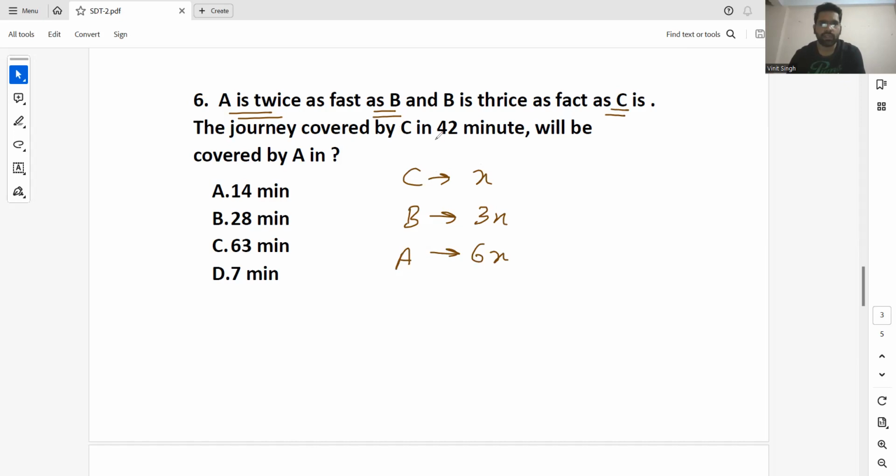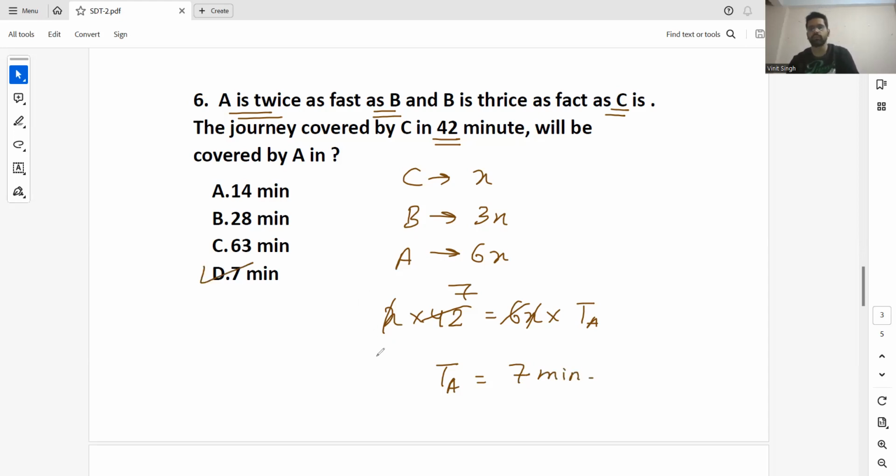The journey covered by C in 42 minutes, x into 42, will be covered by A in? The distance is constant. Speed of A is 6x into time taken by A. X cancels, 42 by 6 is 7. So the time taken by A will be 7 minutes.